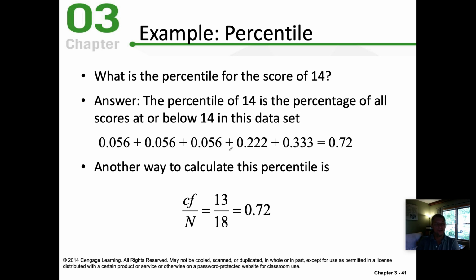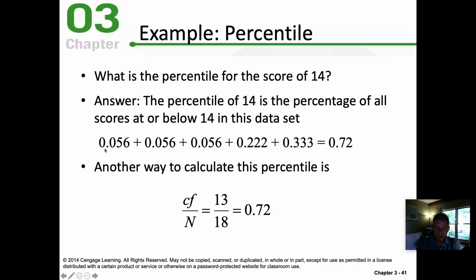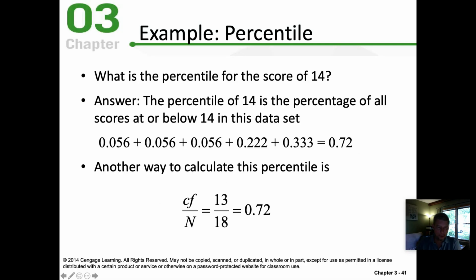They used an extra decimal point here, and I rounded these numbers. This gave me the value of 0.72.